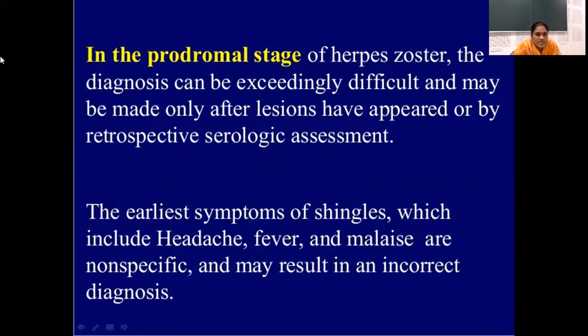In the prodromal stage of herpes zoster, the diagnosis can be exceedingly difficult and may be made only after the lesions have appeared or by serological assessment. The early symptoms of herpes zoster include headache, fever, and body pains, which are non-specific and may result in incorrect diagnosis.